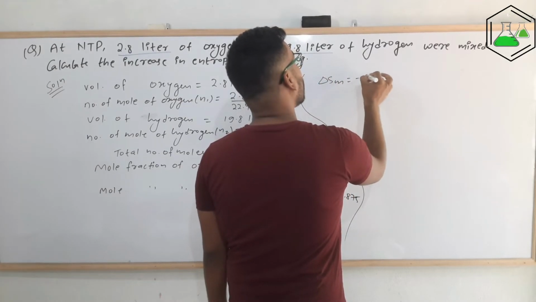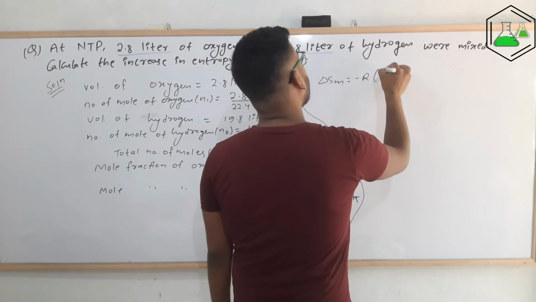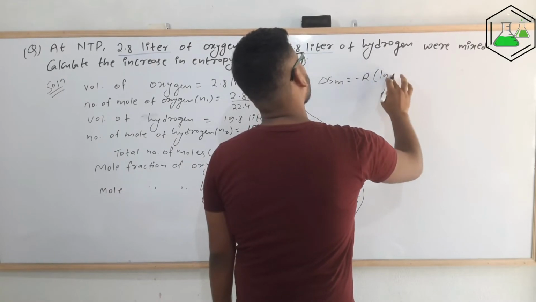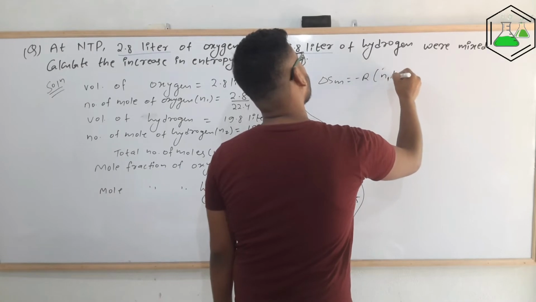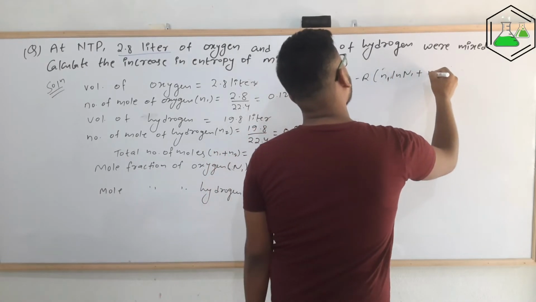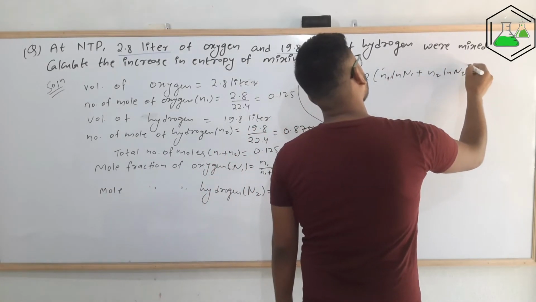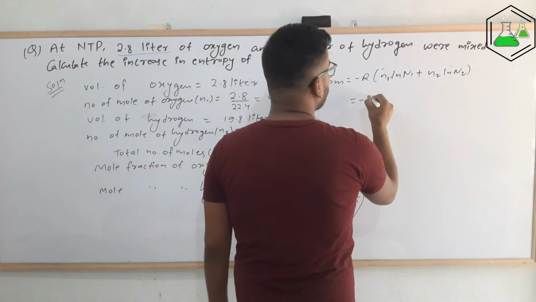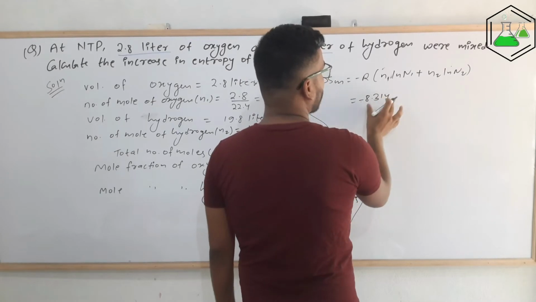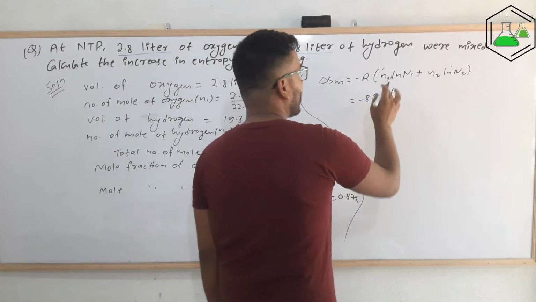And what is the formula of this? Yes, you are correct. Minus R into N1 ln N1 plus N2 ln N2. So this is the formula that you know already, right? Let's put the values now. Minus 8.314, that is the value of the universal gas constant.